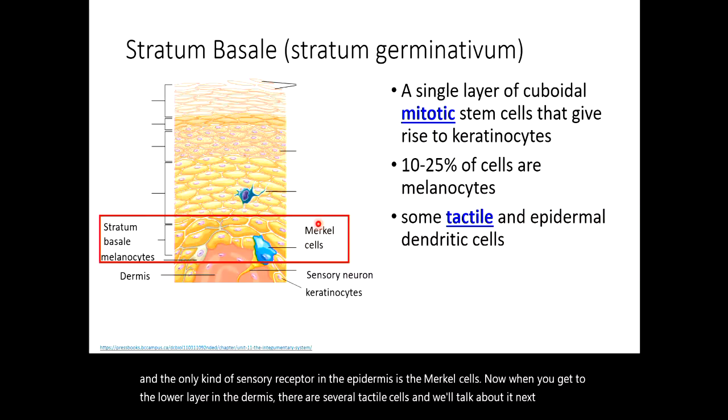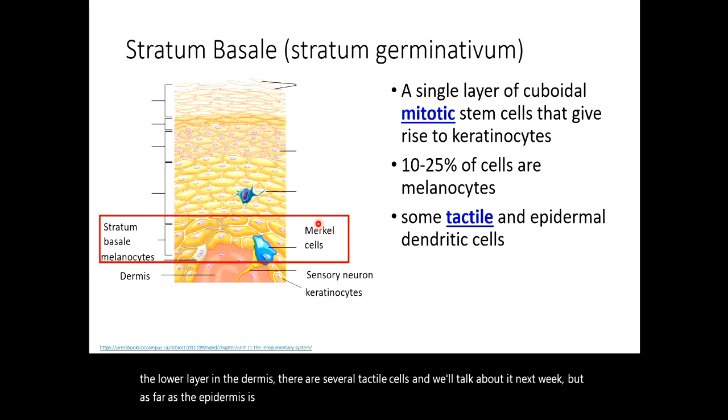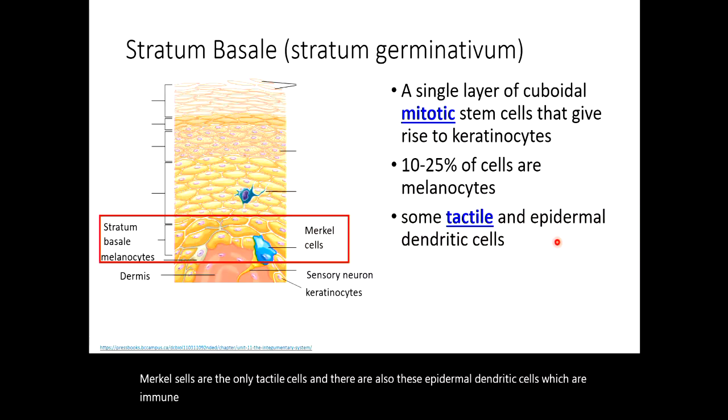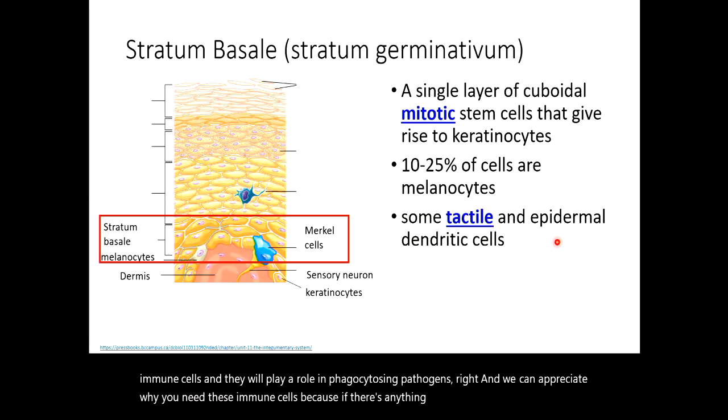But as far as the epidermis is concerned, Merkel cells are the only tactile cells. And there are also epidermal dendritic cells, which are immune cells, and they play a role in phagocytosing pathogens. We can appreciate why you need these immune cells, because if anything gets past the upper layers of the skin, you want to have protection against it.